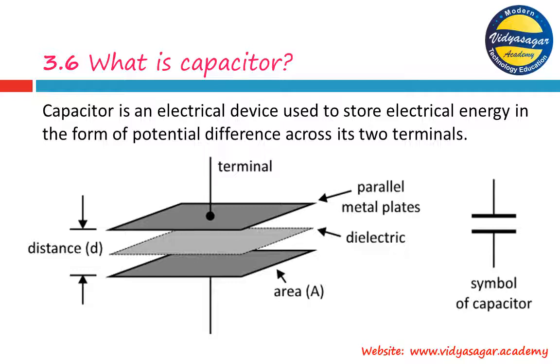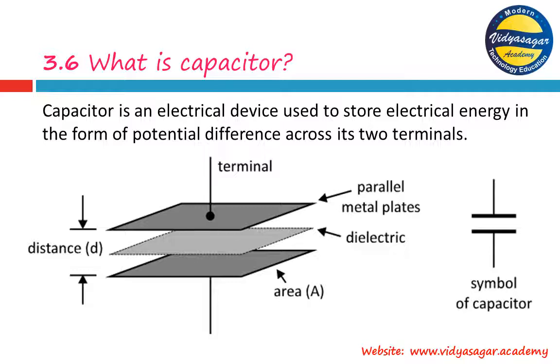Here you can see there are two parallel metal plates, and in between these two plates there is one dielectric medium, that is one kind of insulator, just like paper or ceramic, mica or whatever like that. This dielectric sheet is sandwiched between two metallic plates, and so the distance between these two plates will be equal to the thickness of the dielectric sheet sandwiched between the two plates.